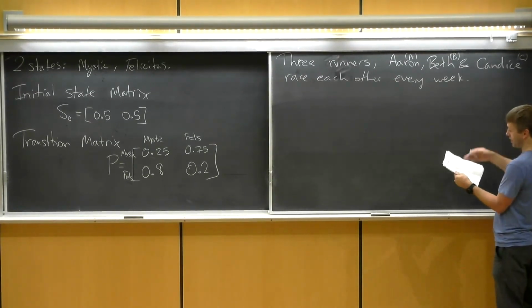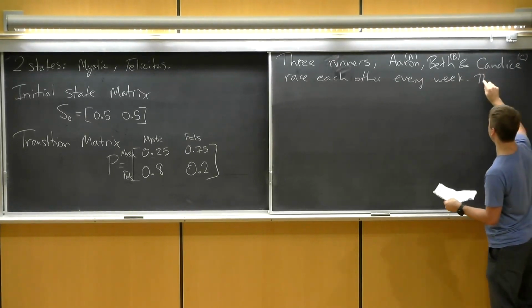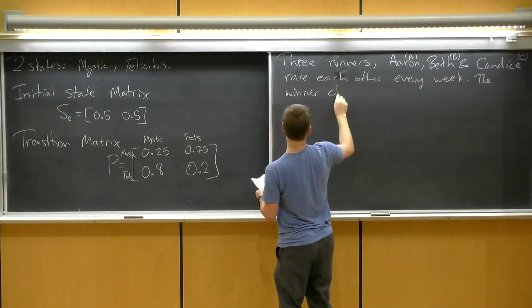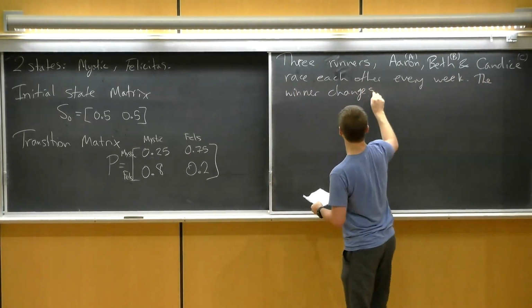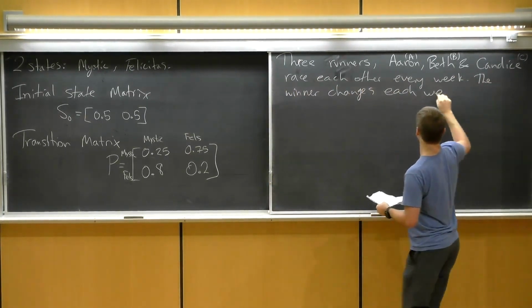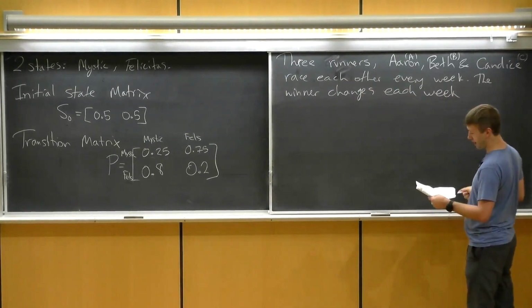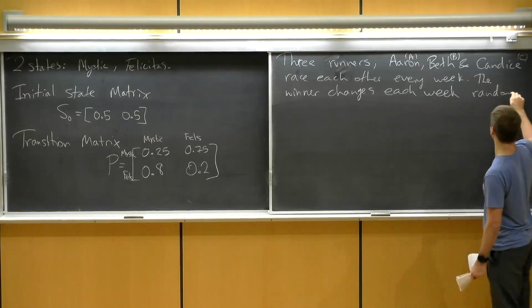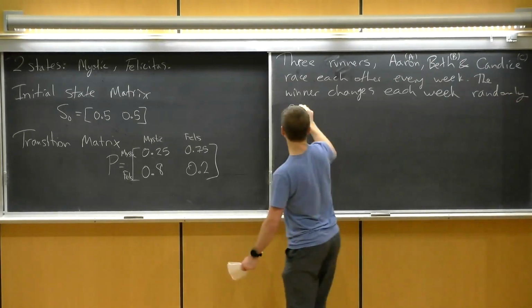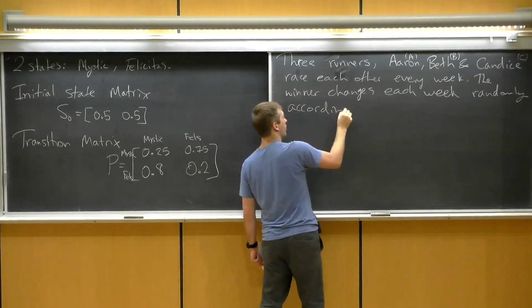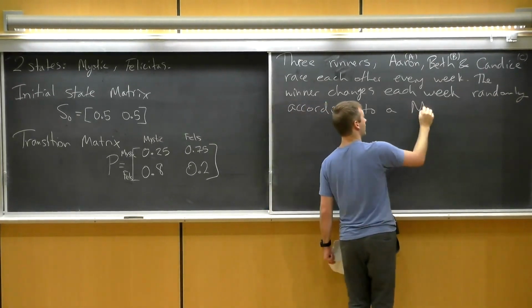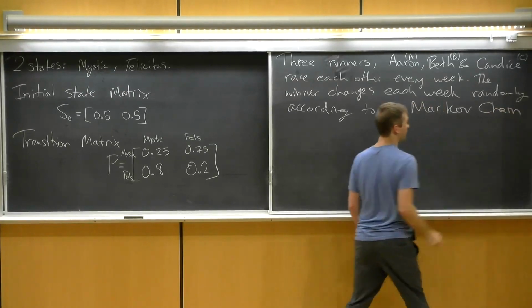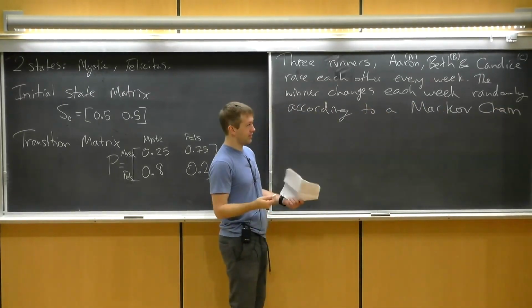And the winner changes each week, randomly, according to a Markov chain with the following transition matrix.